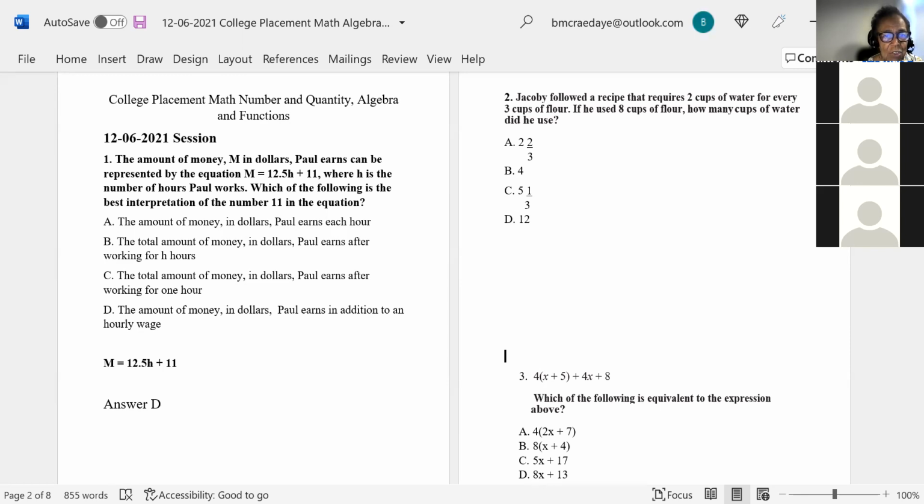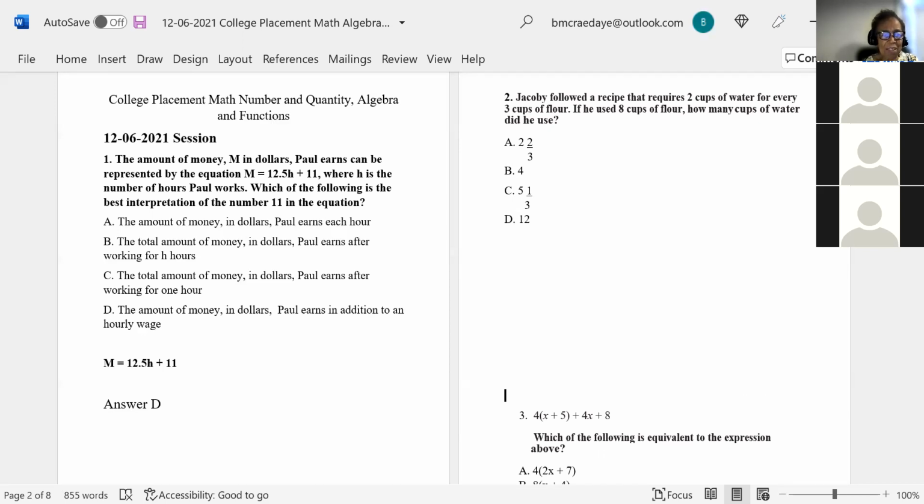You're given 2 cups of water for every 3 cups of flour. Now he's using 8 cups of flour and he needs to know how many cups of water he will use. Tell me what operation or method you could use to solve this problem.